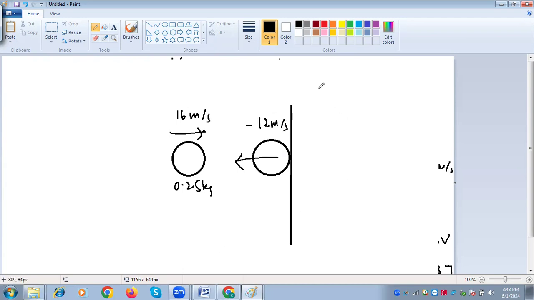Here impulse means change in momentum. Impulse can be found by F into T, but neither F nor time is given. So we will apply the formula of impulse, that is change in momentum, final minus initial.